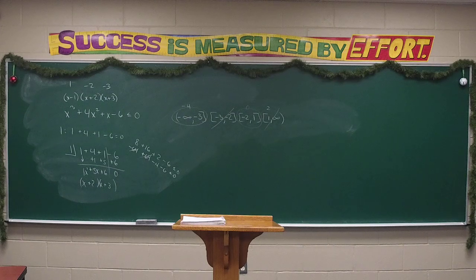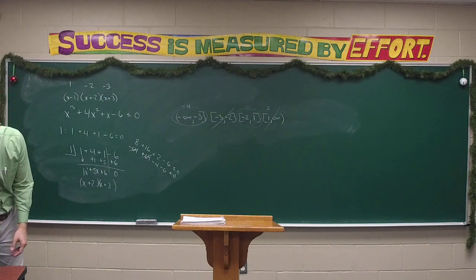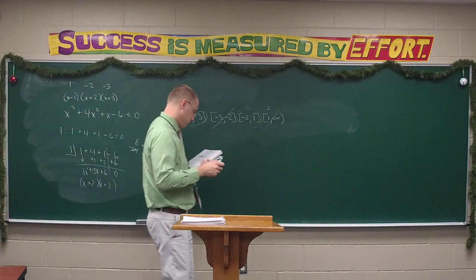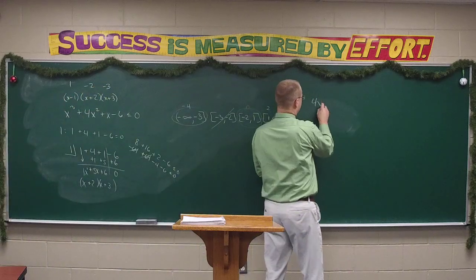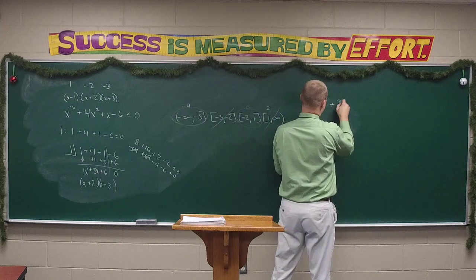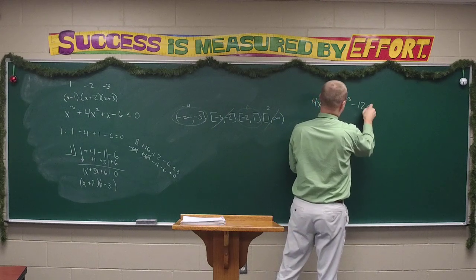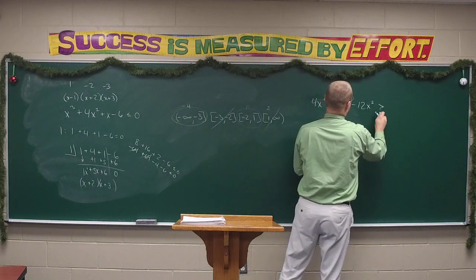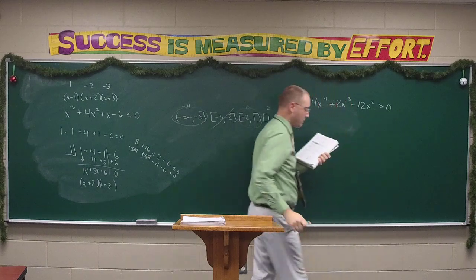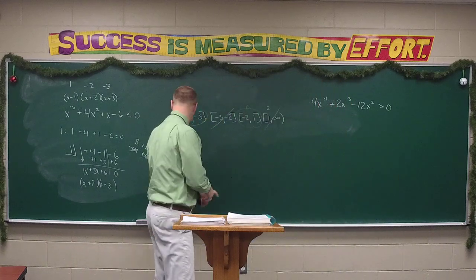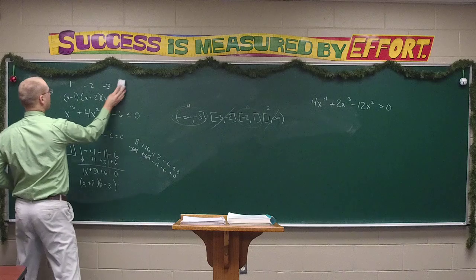All right, questions? All right, let's take a look at number 22 right below it. So 4x to the 4th, positive 2x cubed, negative 12x squared is greater than 0. And Maddie? 2x squared.